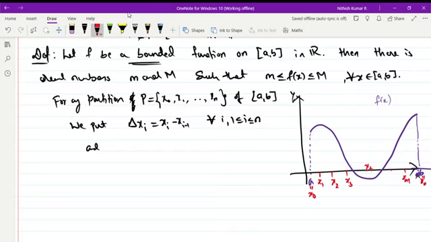This is the partition. So delta xi means the difference, the length of the smaller intervals.